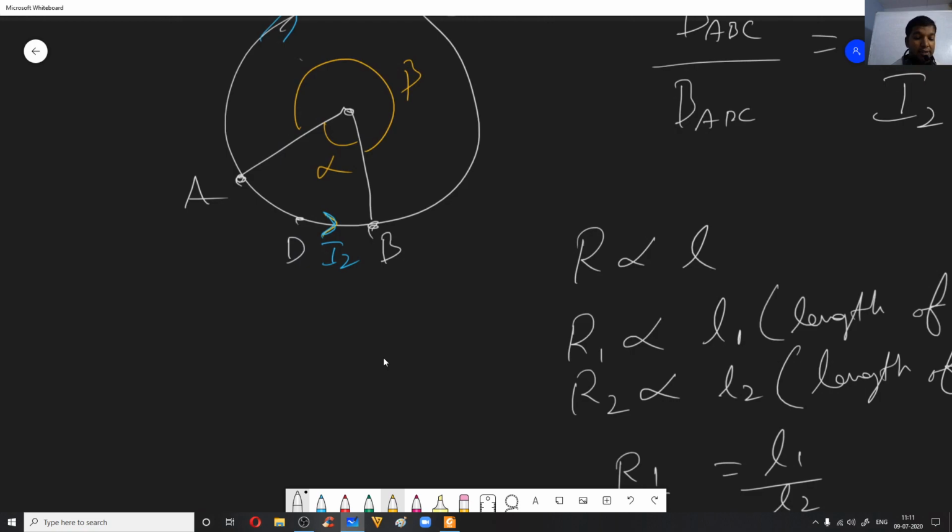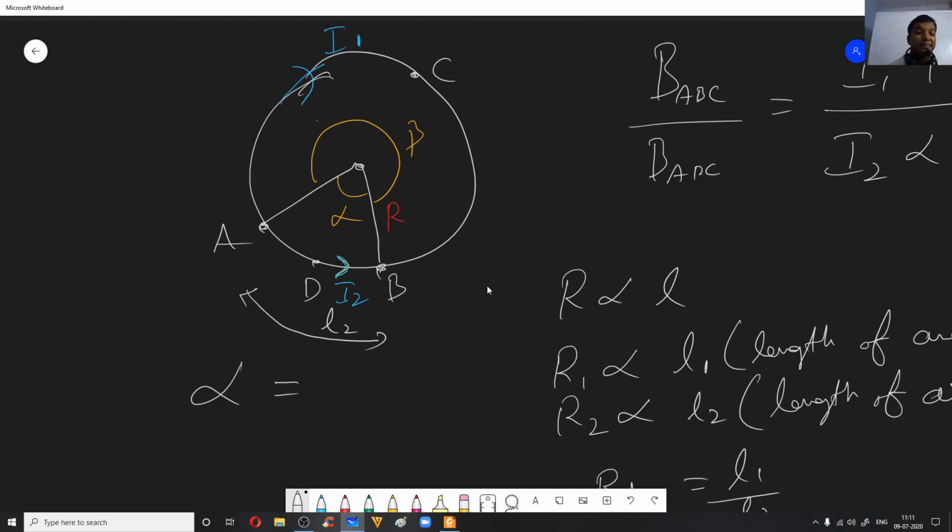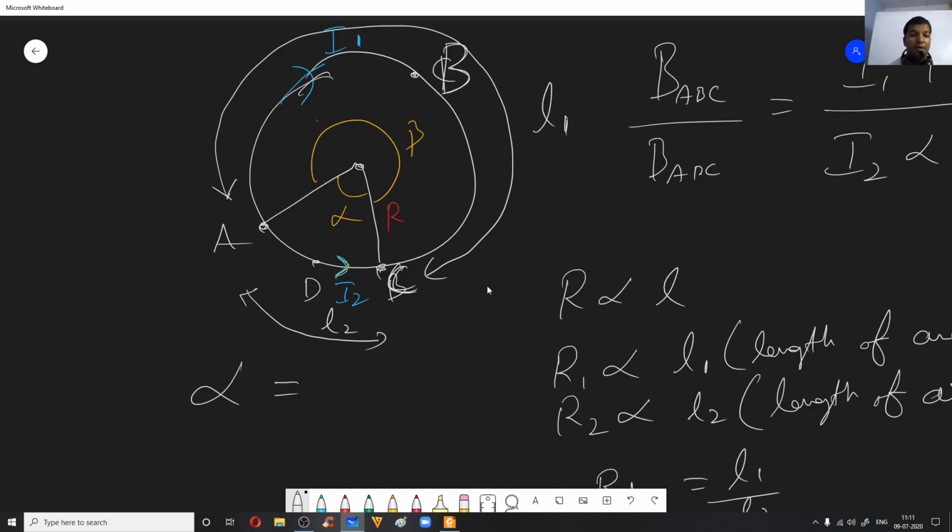The radius of the loop is R. Alpha is given by arc length divided by radius, since S is equal to R theta.